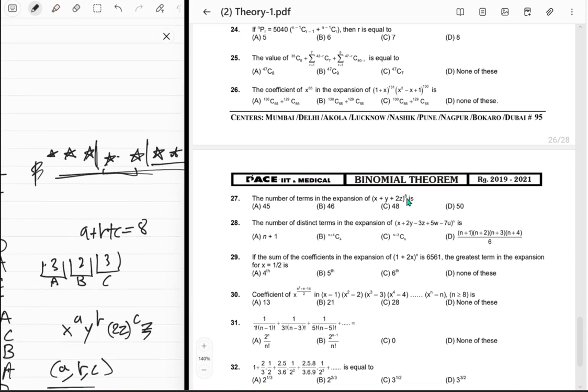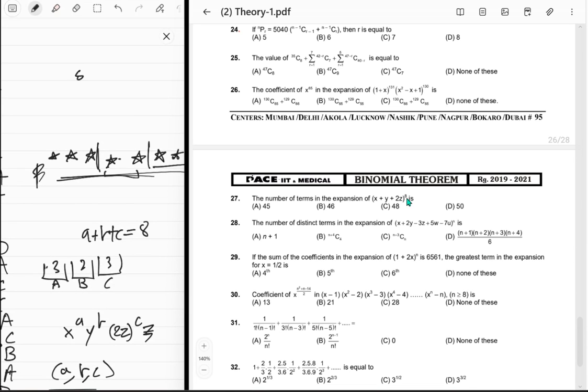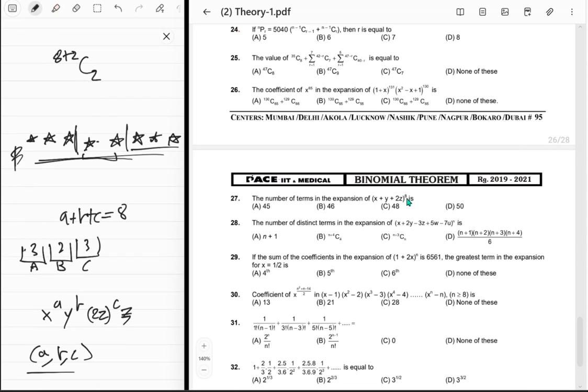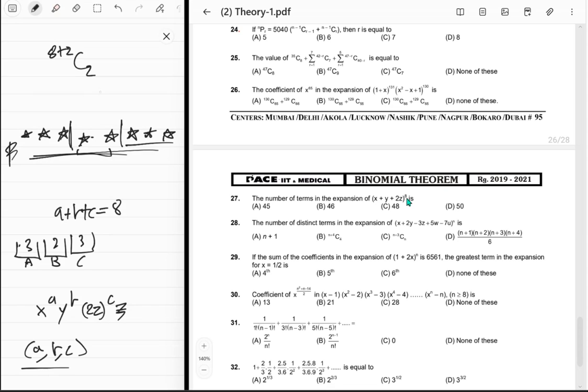So the number of ways is 8 plus 2 C 2, because there are a total of 10 characters and 2 bars. You just want 2 places to put these bars in, and the remaining places will be filled by stars. That's the number of ways you can form these configurations, and then you will have that many ordered lists ABC, and that many terms basically.